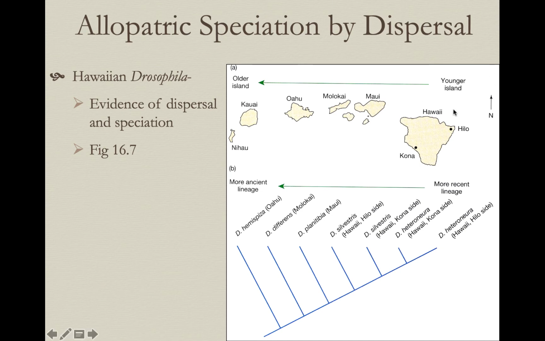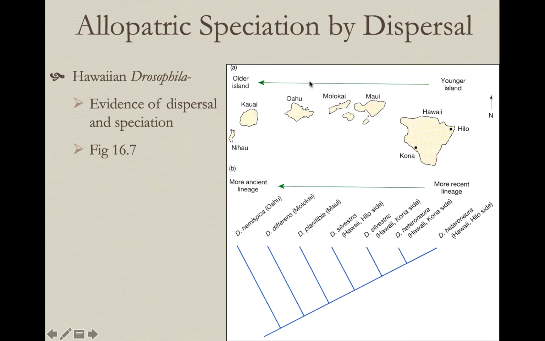The main island of Hawaii is the youngest island. Then you get over to Maui, Molokai, Oahu, Kauai. As you go this direction, this is a chain of islands formed through volcanoes that erupted much longer ago. So this is associated with building this island through more recent volcanic activity.